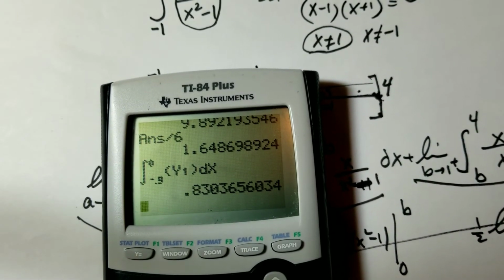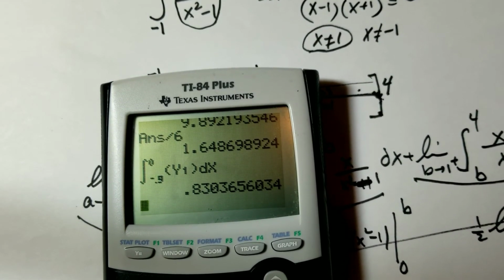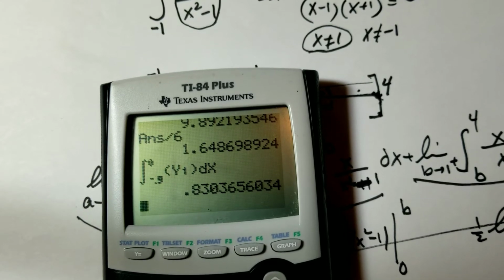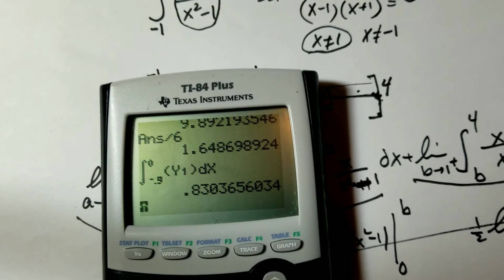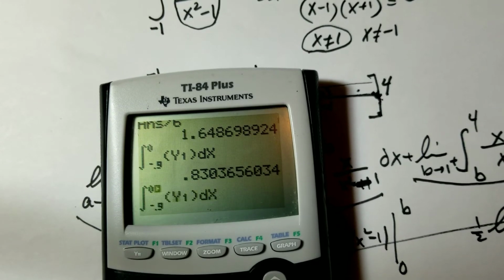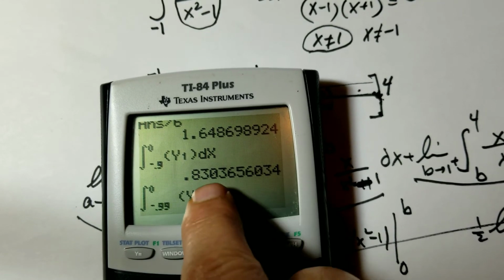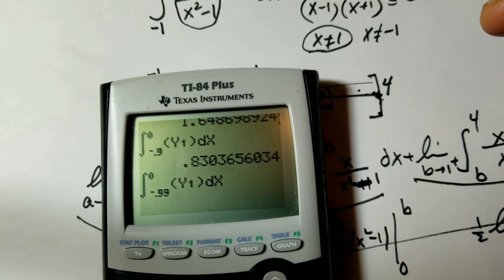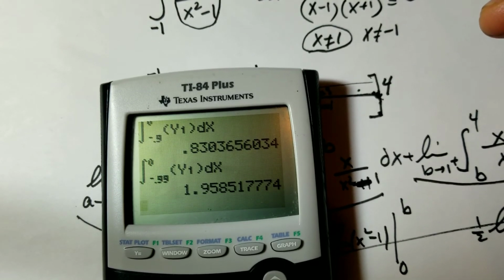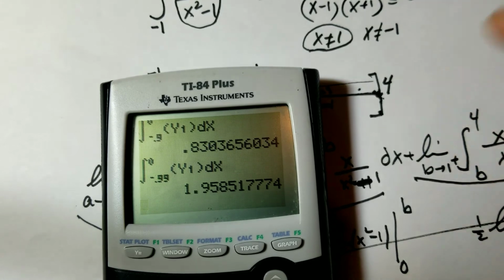Remember, -0.9 is not too close. That's about 1,000,000 miles away from -1, because I can put too many 9s in here. I'm going to go right here and put one more 9 in here and look at what happened to the answer: 8.3. Just because of one 9.